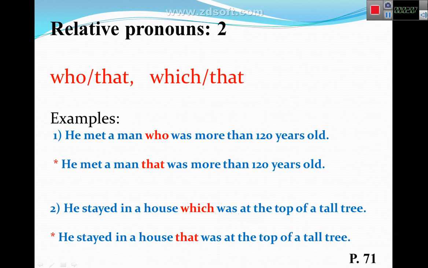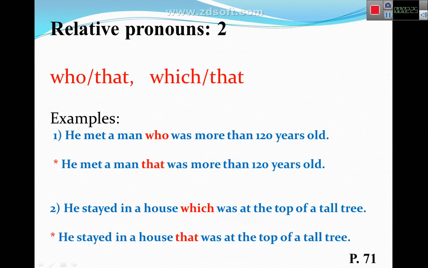And the same sentence, he stayed in a house that was at the top of a tall tree. We replaced which with that. We can use that just with these two relative pronouns, who or which, not where.